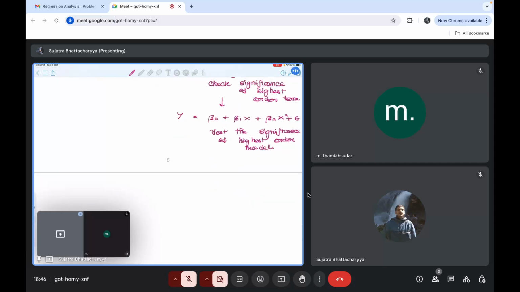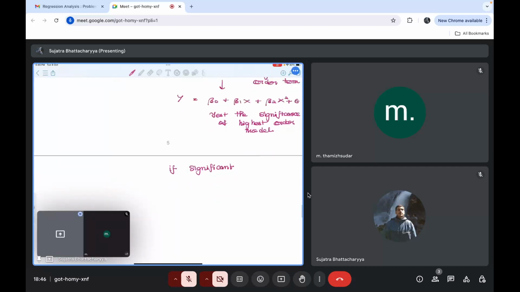Now, if the coefficient of the highest order term is significant, then you go for the next order. If not significant, then stop. So this is what the model building strategy is.